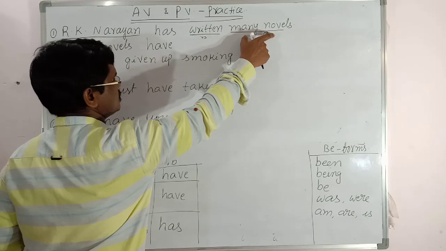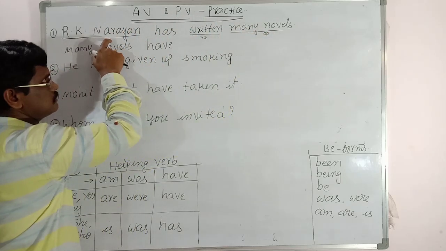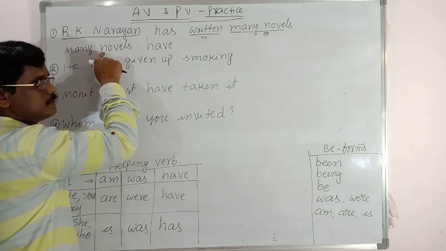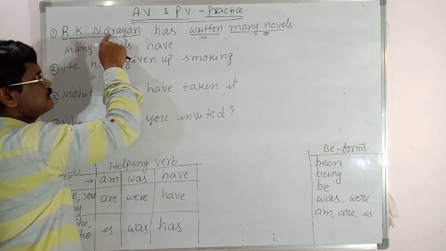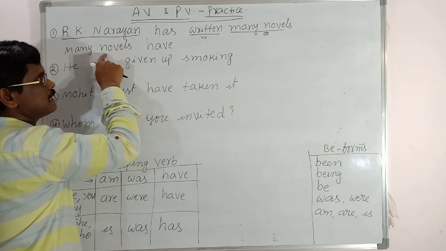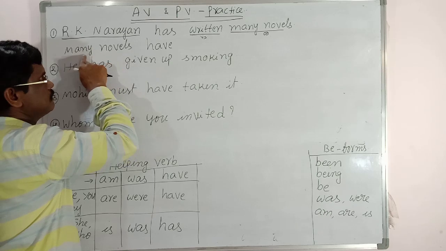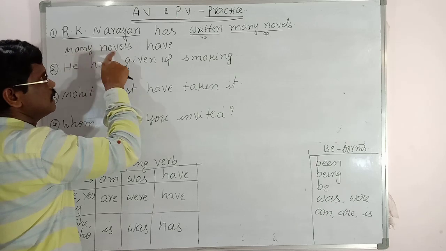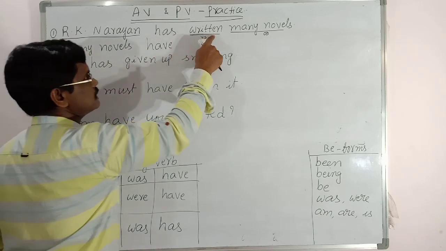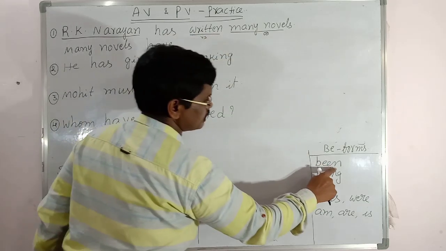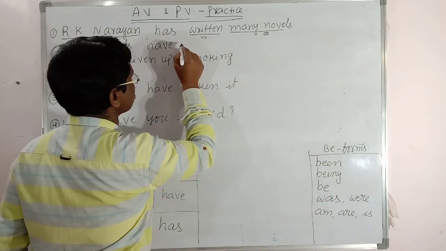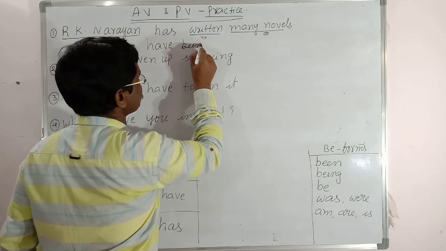So first, the object comes here. Now this is the new subject. In the given sentence, this is the subject. Now in passive voice, this is the sentence. This is the subject: many novels have. This is verb 3. So verb 3 means been. Simply we write been.